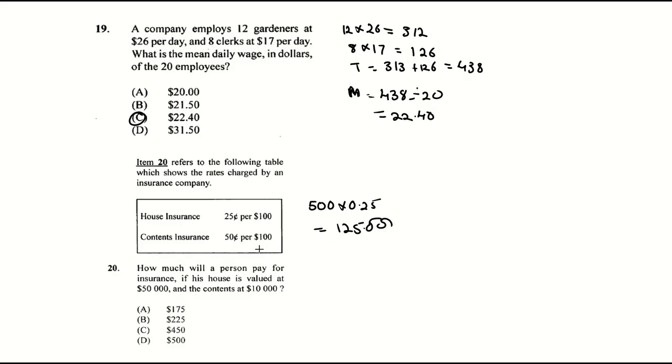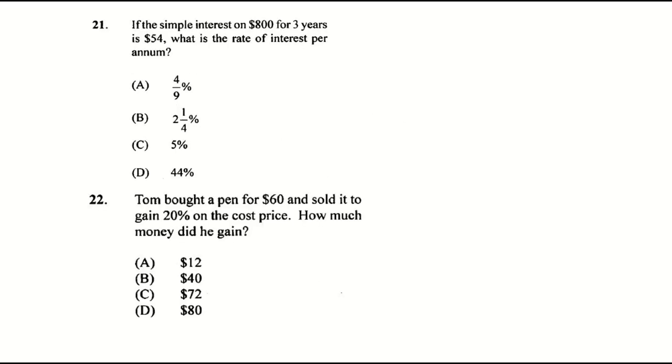And then how many hundreds in 10,000? It would be 100. 100 by 0.50 would be 50, and you carry back two places. So your total insurance would be 125 plus 50, which is 175, which is E. Right, and these are the last two questions.